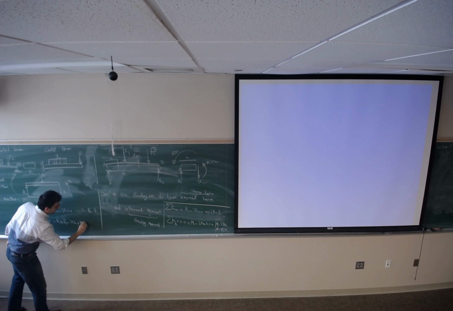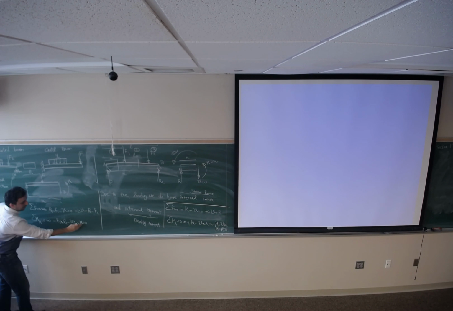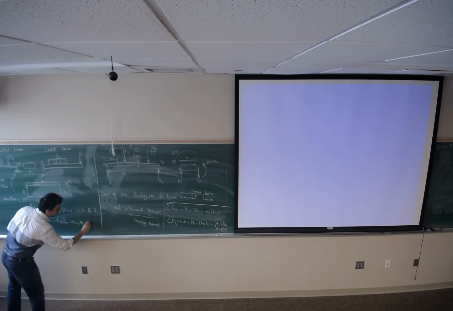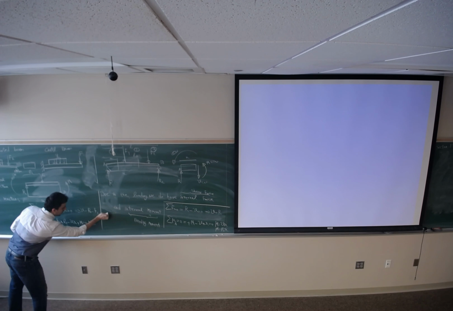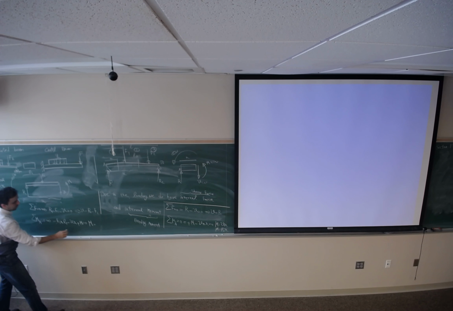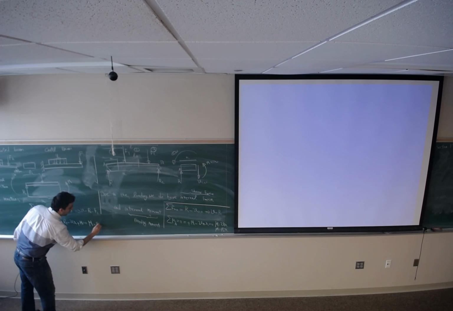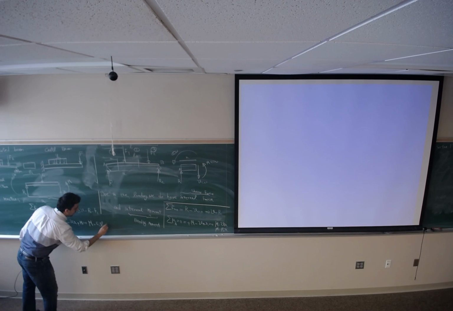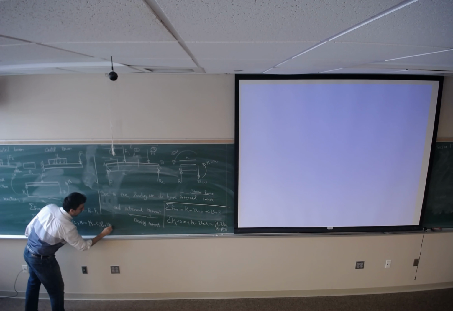Set it equal to 0. Keep M on this side, move the other terms to the other side. M would be positive F1 L1 plus V times X.